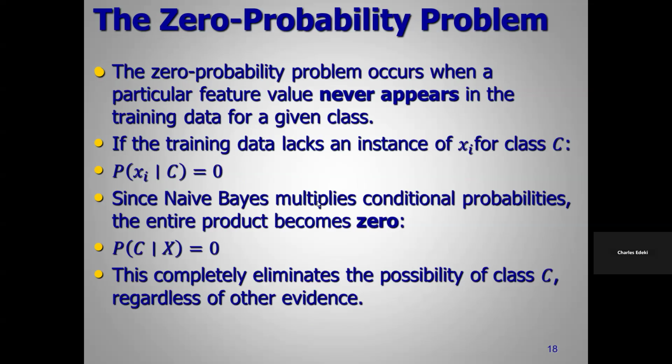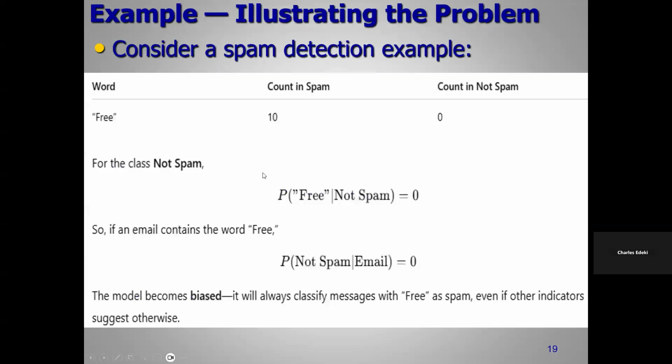Since Naive Bayes multiplies the conditional probabilities for each feature, the entire product becomes 0. This completely eliminates the possibility of that class, let's say the class of buying computer is 0, regardless of other evidence. This is the problem with the independence assumption, etc. So this is where we're going to solve this problem.